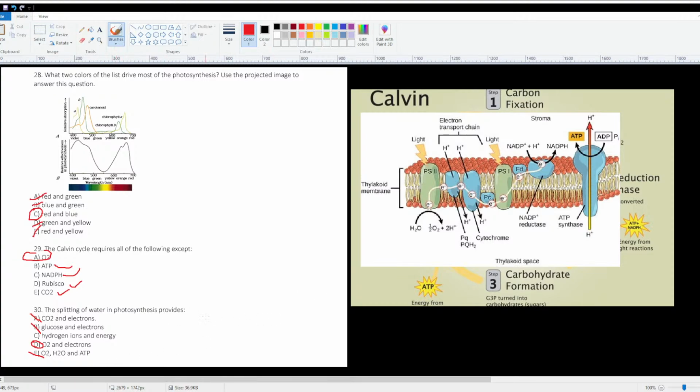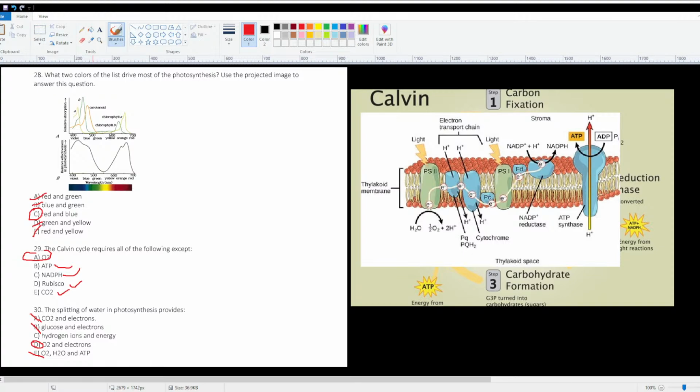It would produce hydrogen ions, that is true, but it wouldn't produce energy. It would produce an electron, and the electron goes through the photosystem and is powered through light, but it in itself does not produce energy. However, it does produce oxygen. Photosynthesis is the kind of opposite of cell respiration.